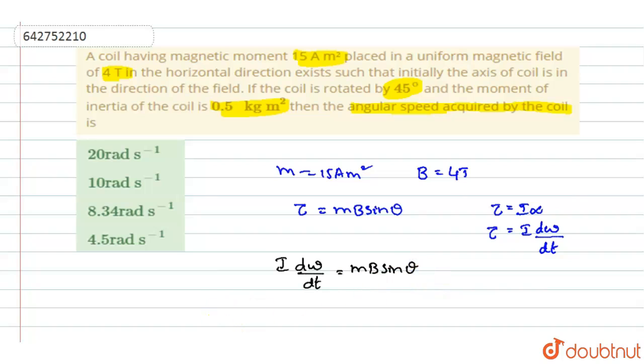Now this d omega by dt, we can write as d omega by d theta into d theta by dt. You just write it in terms of angular displacement, because you have the theta term here, so here also we are expressing it in the theta term. Now you can take the theta term to one side, and retain the omega term on the other side.